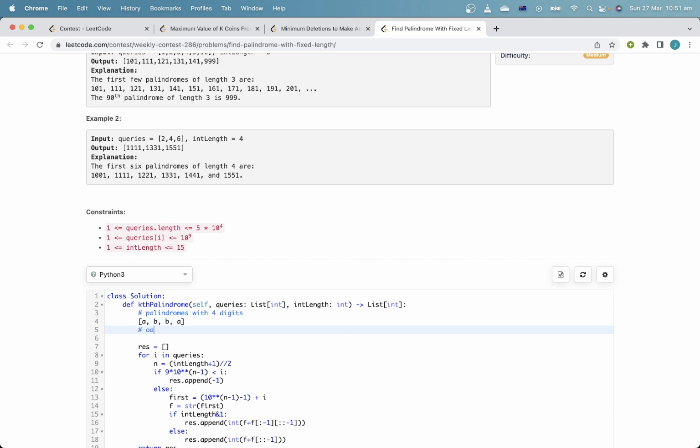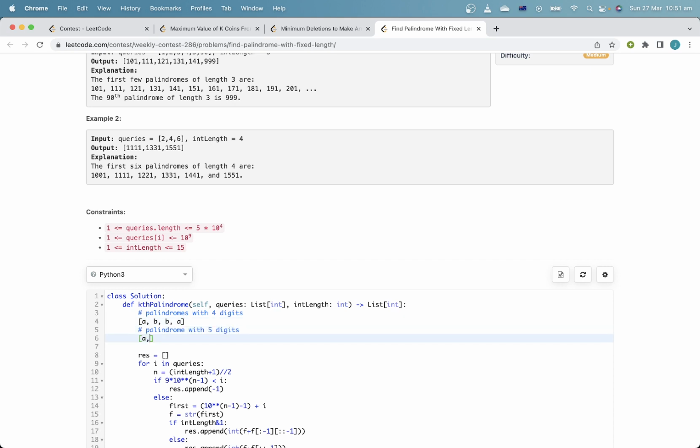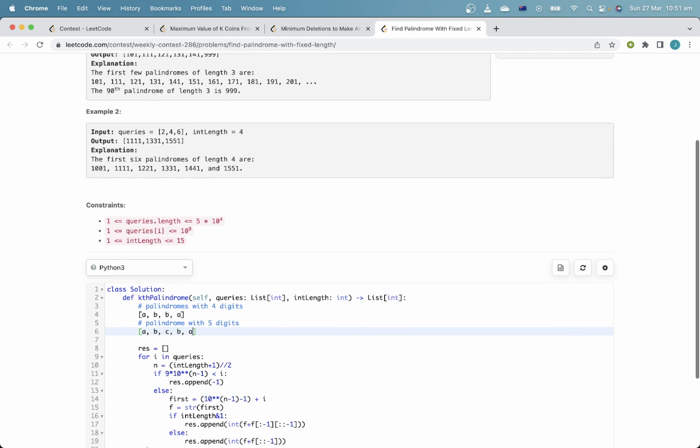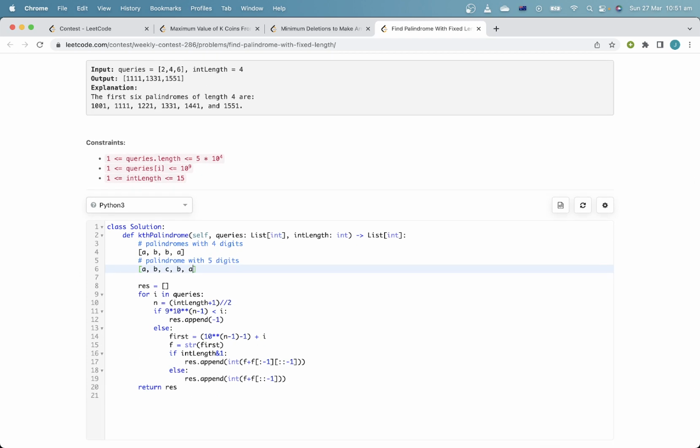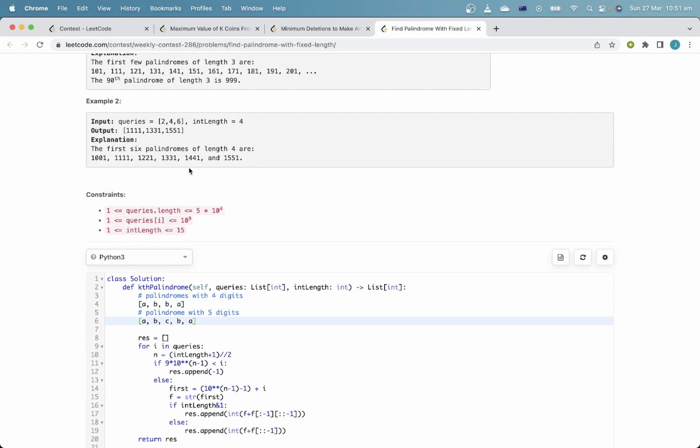And then if I have a palindrome with 5 digits, the only digits that matter are the first 3, because then I can figure out the last 2 digits. So first, let's try to ask how many palindromes are there with X digits?